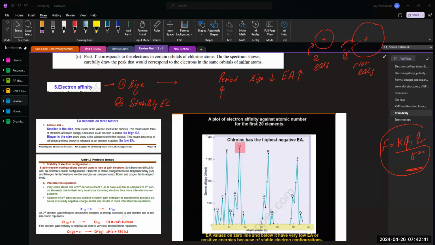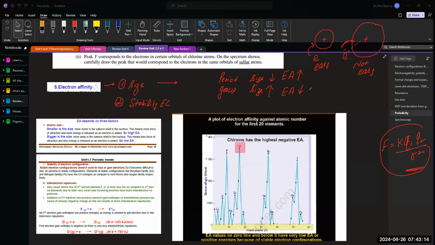And what happens to the size down the group? Increases, yes. So what happens to electron affinity? Yes, perfect. Good.